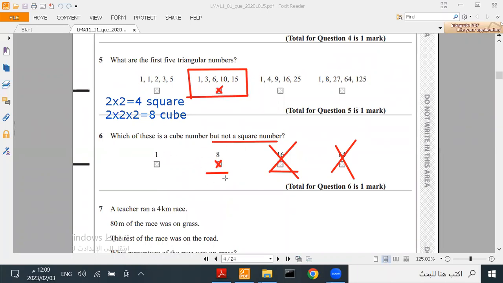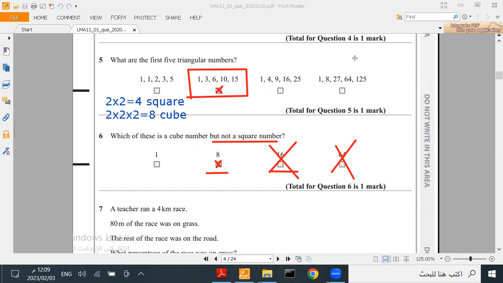Like 8 is a cube number but not a square number. You understand? And these are triangular numbers. If one can be both, why don't we choose it? We don't count it because they said not a square number. So we take the 8, because it's cube but not square. You understand the idea? Okay.